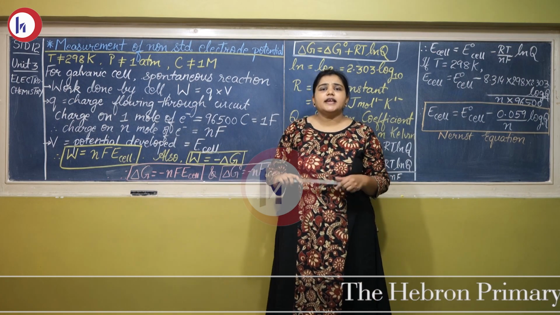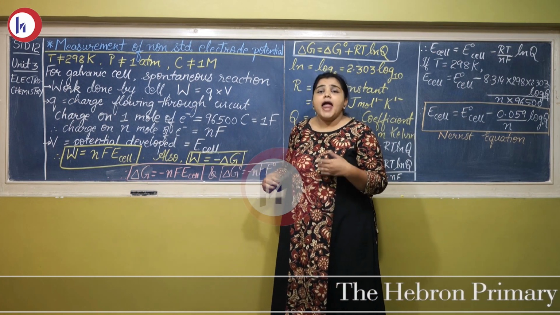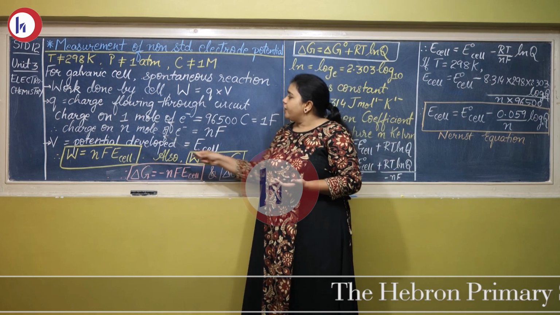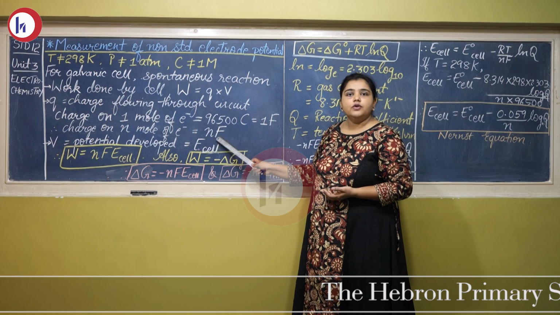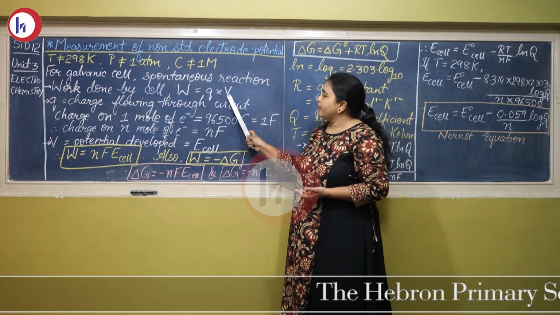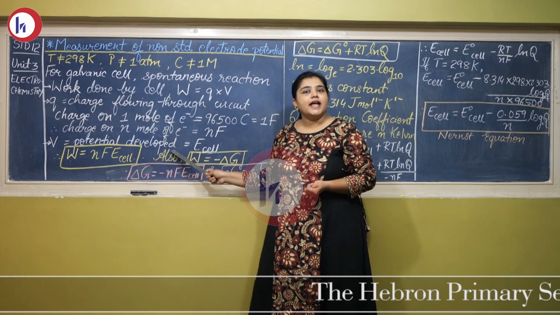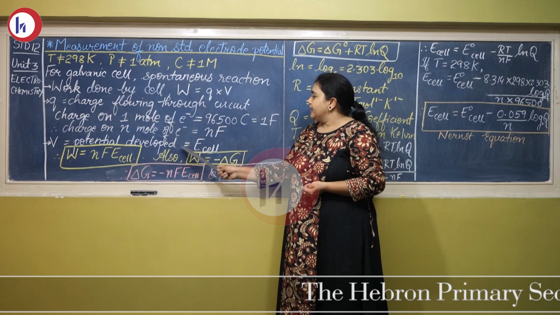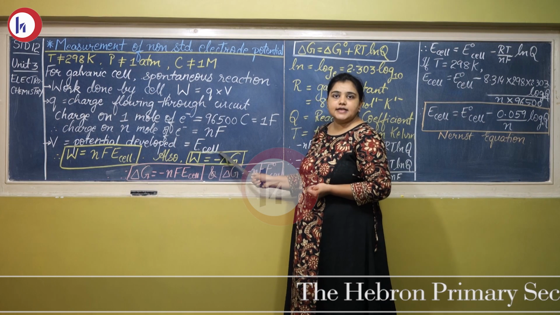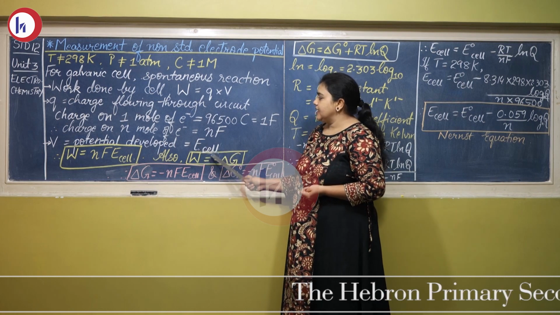So, when we consider a galvanic cell wherein n moles of electrons are flowing, the charge on n moles of electrons will be equal to nF. In the equation, V stands for the potential that is developed and which we observe on the voltmeter, and it is represented, as we studied in the last lecture, as E cell.